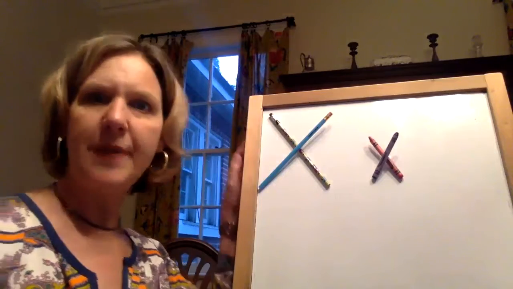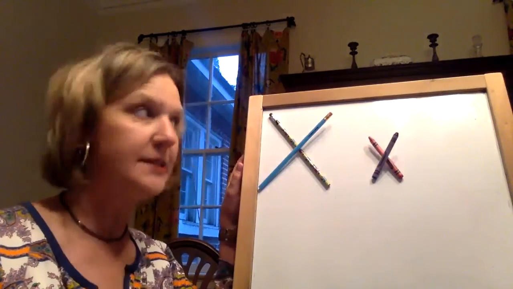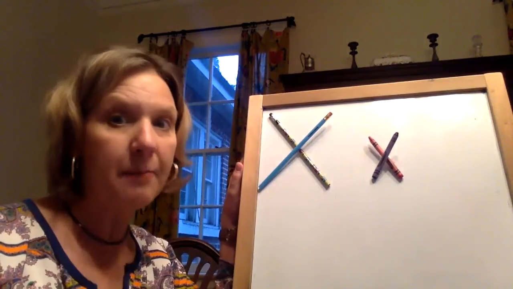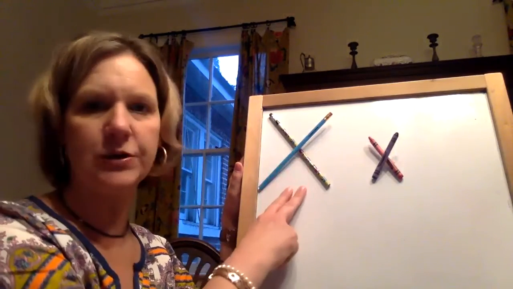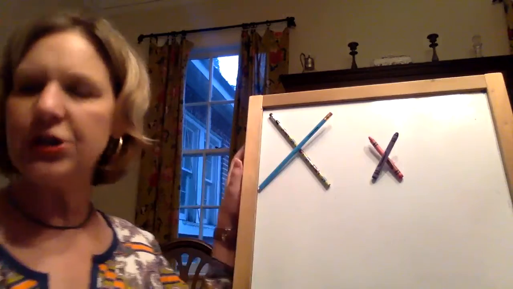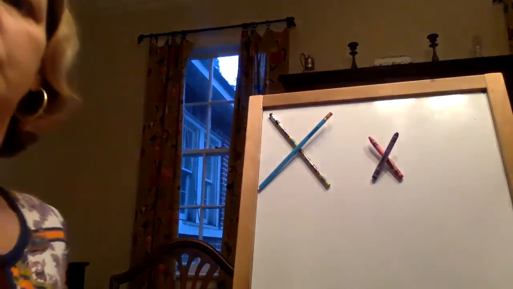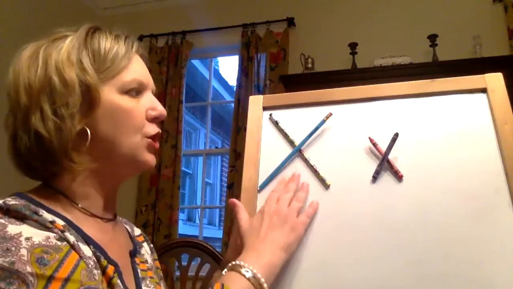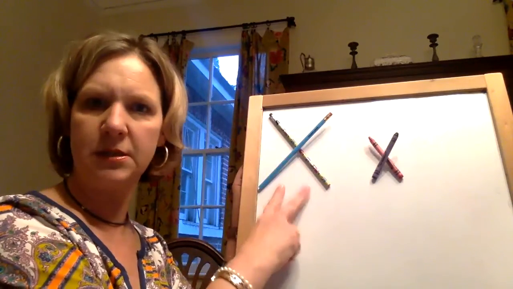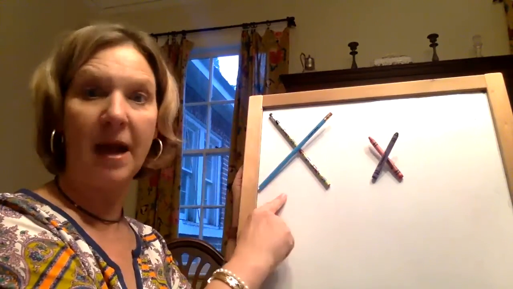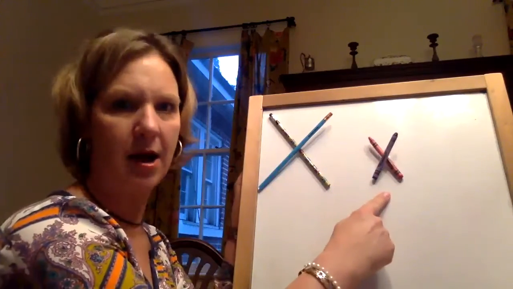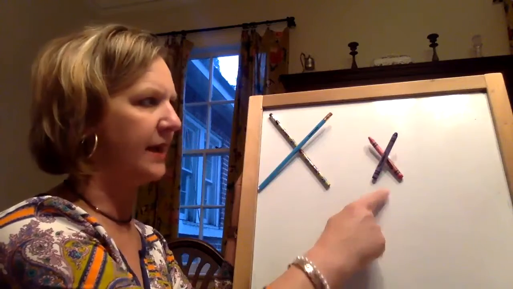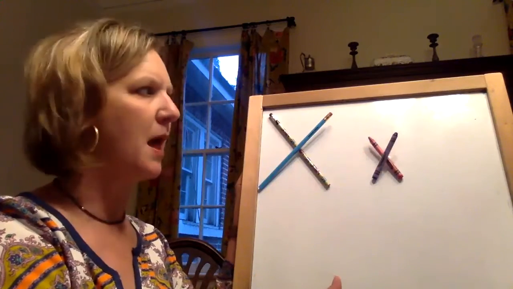I made the X. Now, Mrs. Green does not have her big lines or her little lines or my big curves or my little curves at home. So look, I used 2 pencils to make my capital X using my big lines, and then 2 crayons to make my lowercase x and use those as my little lines.